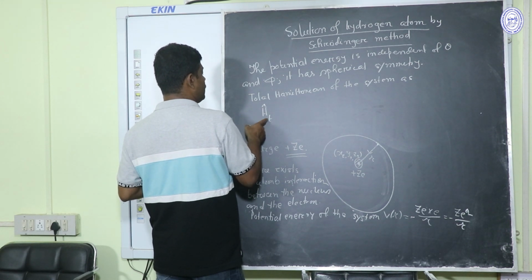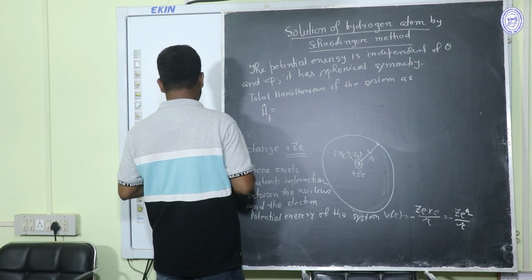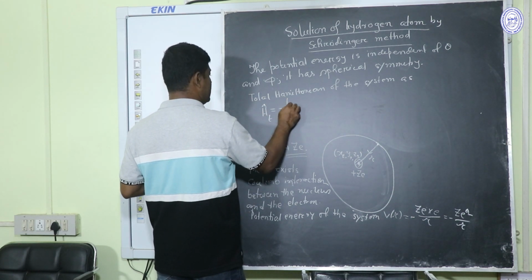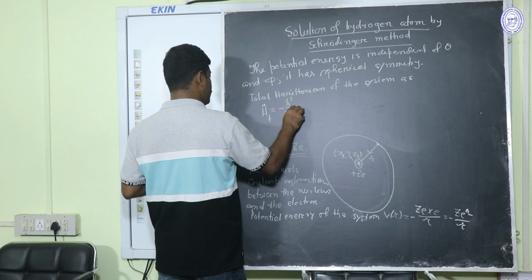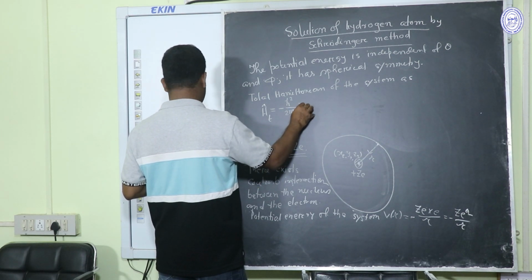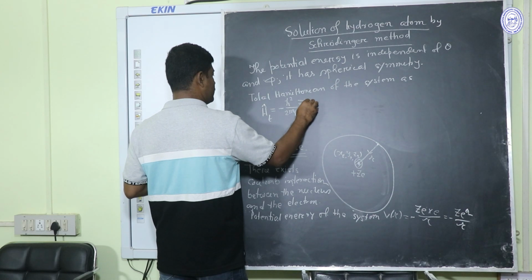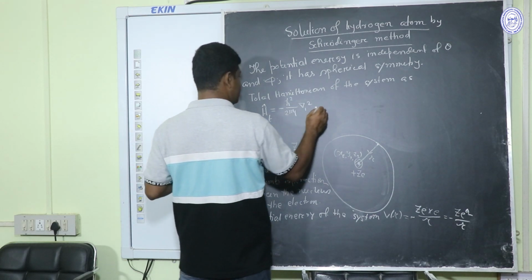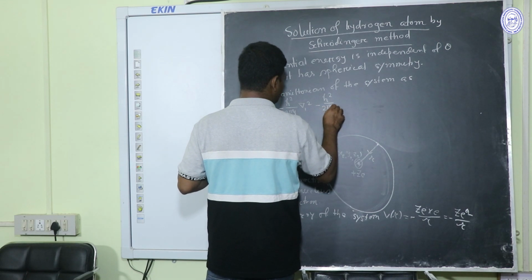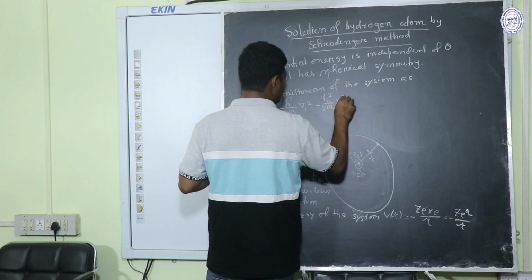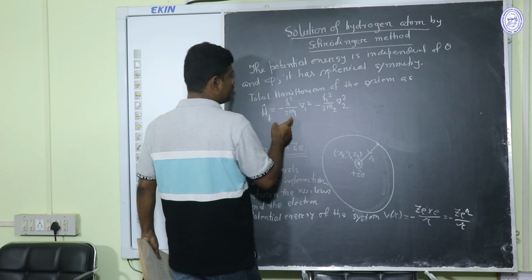So, the total Hamiltonian of the system H_T is equal to minus h cut square by 2m1 Laplacian operator 1 square, minus h cut square by 2m2 Laplacian operator 2 square.